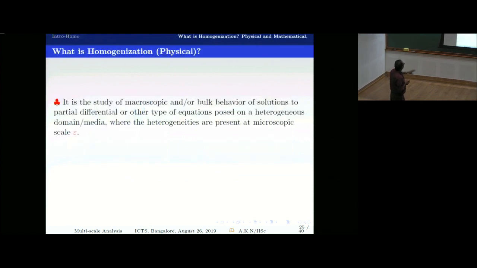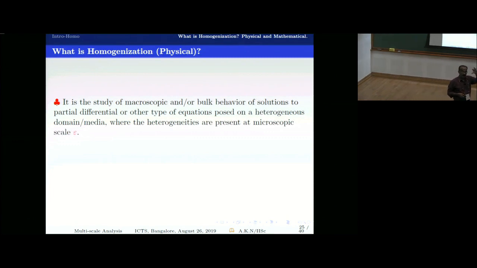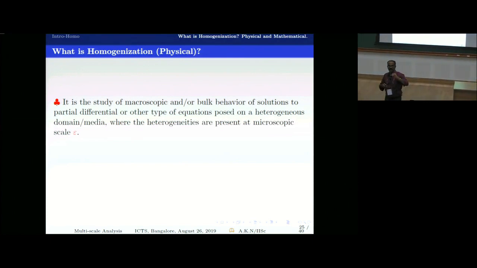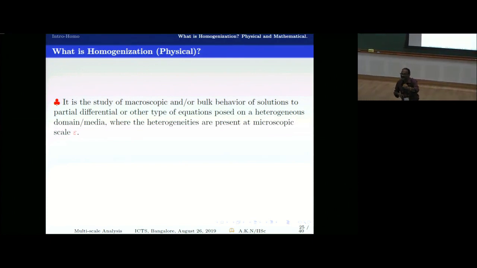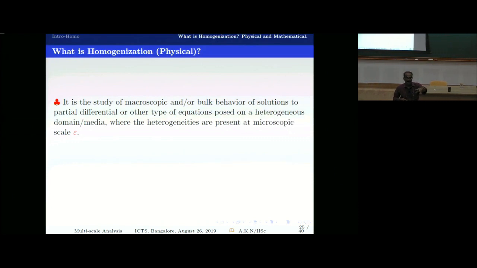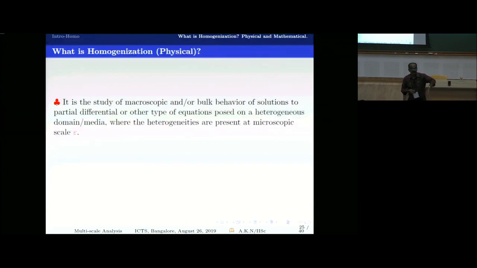Yeah, so what is physical homogenization? It's a study of the macroscopic or bulk behavior of solutions to partial differential equations. So you may have a differential equation posed on a domain which is a composite, and due to the variation in the property, that variation will be reflected in the differential equation through its coefficients. When you model a heat conductivity problem on a domain, the corresponding PDE will have coefficients.